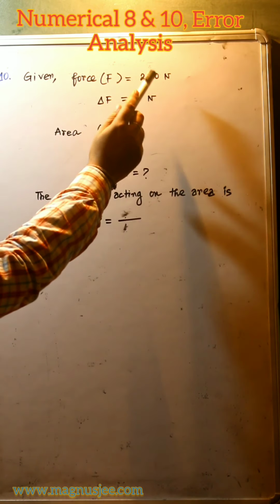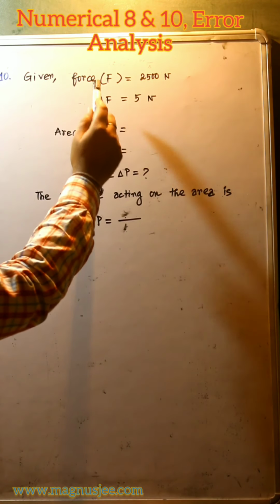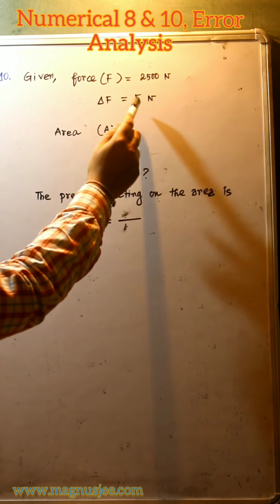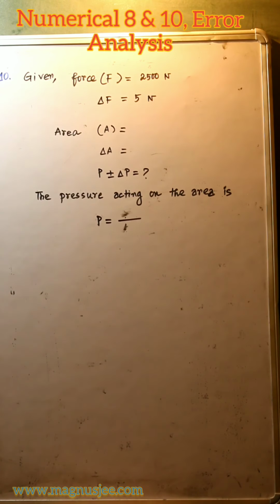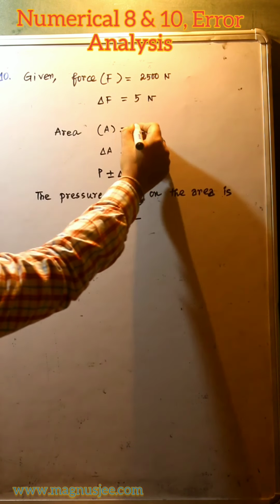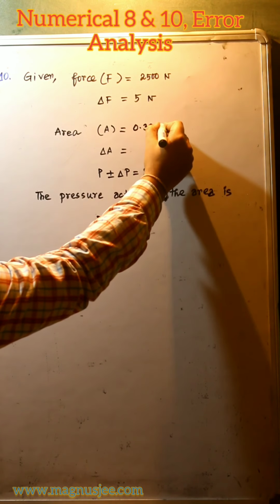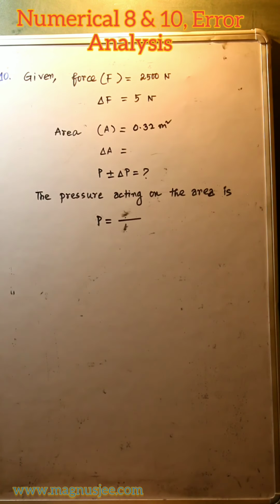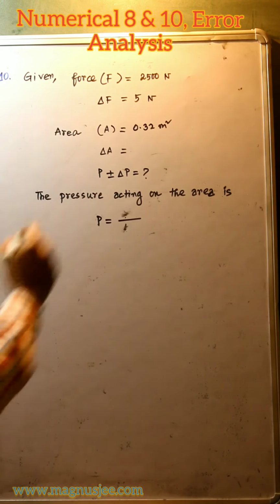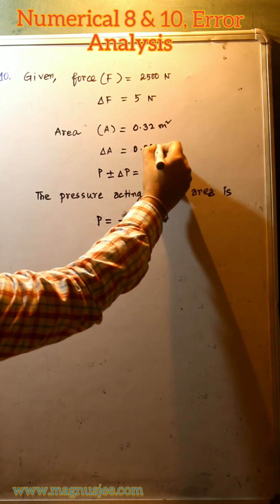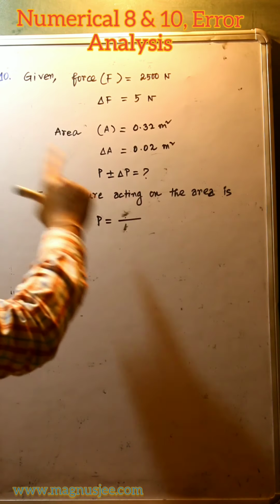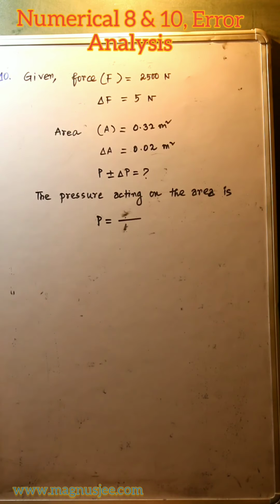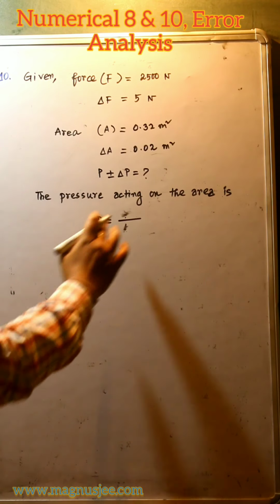Force is 2500 Newton, absolute error in force is 5 Newton, area is 0.32 meter square, and absolute error in the measurement of area is 0.02 meter square. We have to find the pressure along with the absolute error in the measurement of pressure.